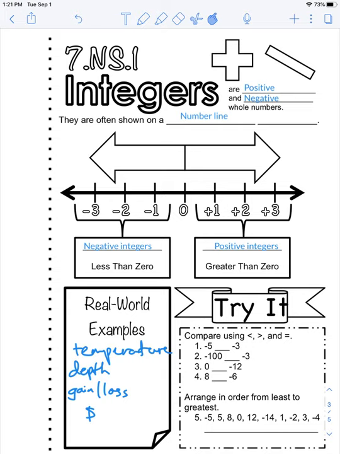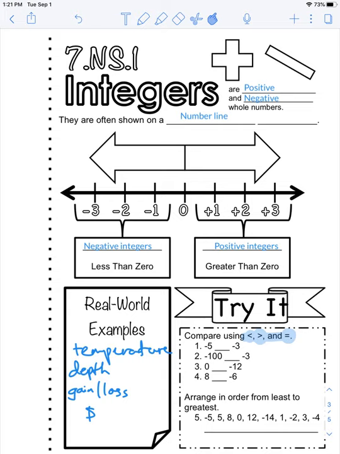All right, so let's practice a little bit. And we're looking at this bottom box where it says compare using less than, greater than, and equal to. Hopefully you remember what those signs are from other grades. Otherwise, this is less than, this is greater than, and this is equal to. I'll also say what they are while we're writing them.